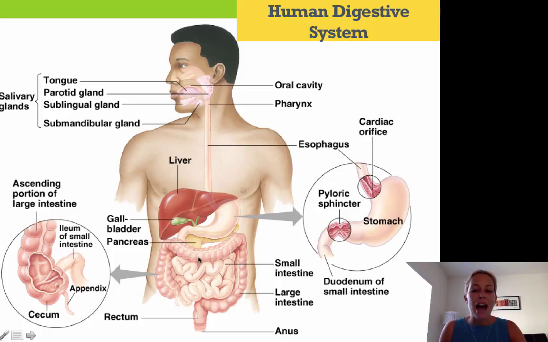Once we've moved past the duodenum of the small intestine, we get into the ileum and the jejunum, and that is where all the absorption of nutrients takes place. The small intestine is roughly 20 feet long, and it's 20 feet long because it's designed to absorb as many nutrients as possible.